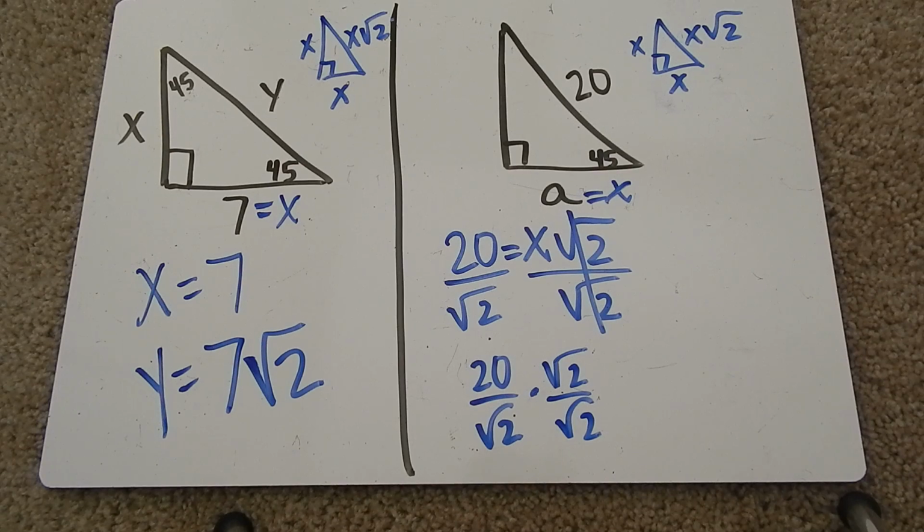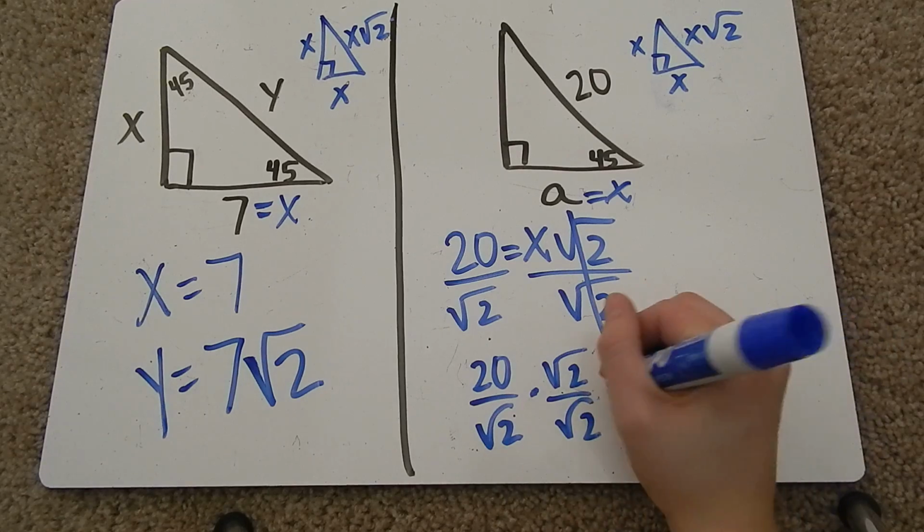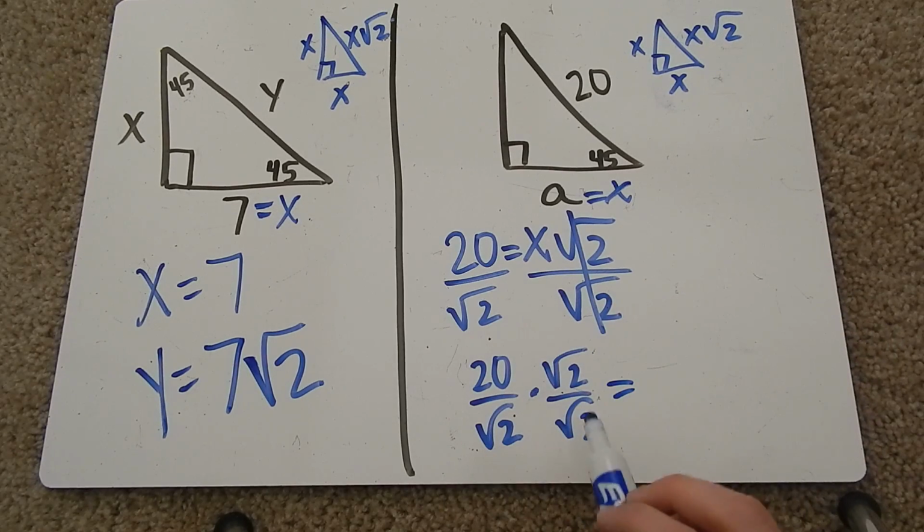The only way to do that is to multiply by whatever is in the denominator. So I can cancel out the square roots by multiplying it by itself. What you do to the bottom, you also have to do to the top, which is why I had to multiply by the square root of 2 over the square root of 2.